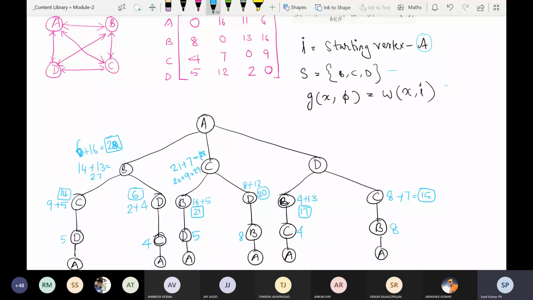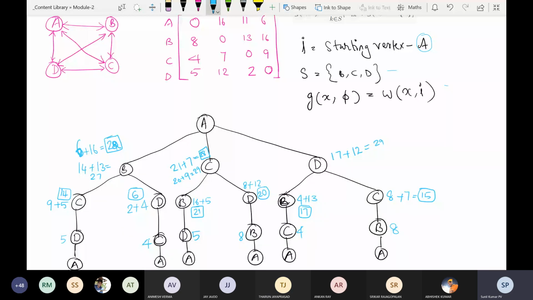Now from D, which are the options? One is 17 plus D to B. D to B is 12. So this is equal to 29. 17 plus 12 equals 29.